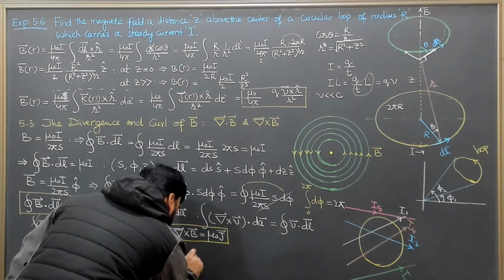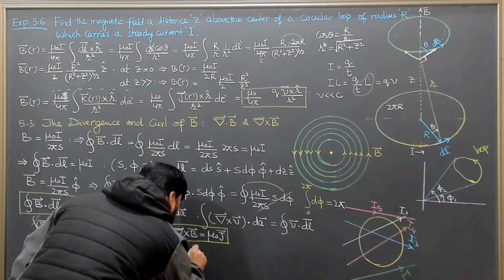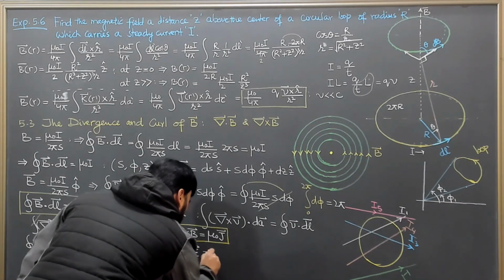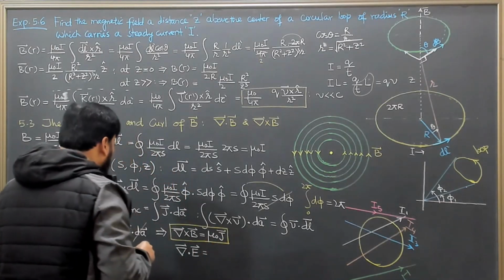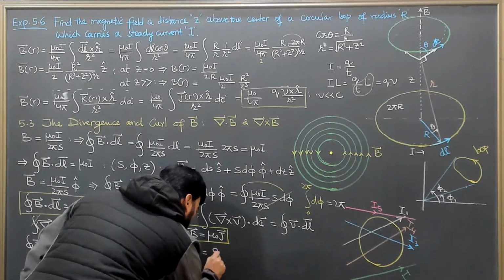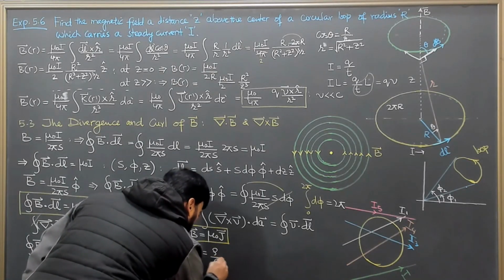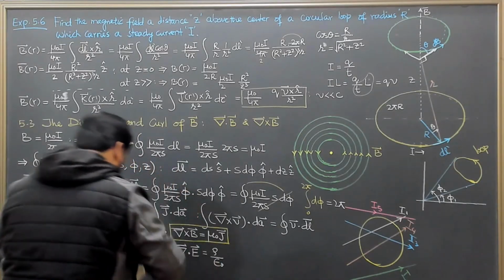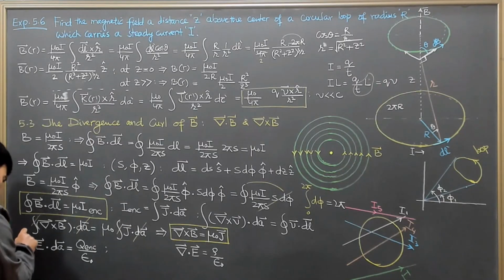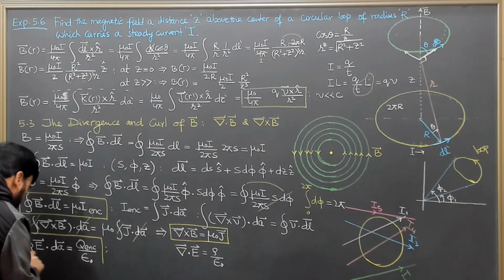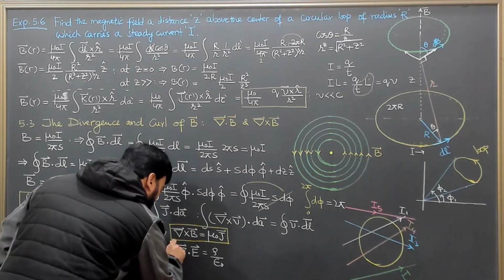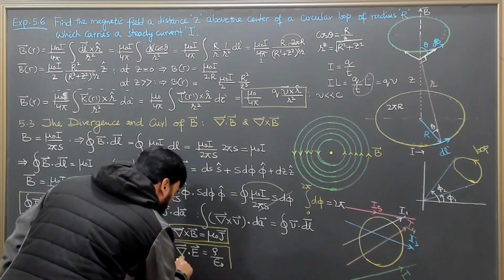So it came out to be the divergence of the electric field equal to, for J I write rho because the equivalent is rho, and for mu naught direct proportionality, here it is inverse proportionality. So this is the electrical counterpart of Ampere's law, and this is Gauss's law that we derived earlier.